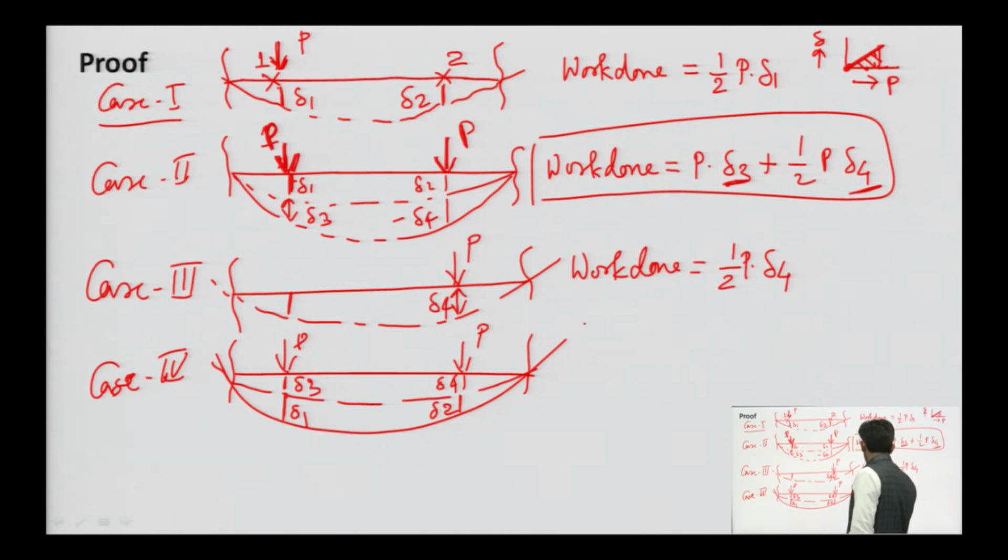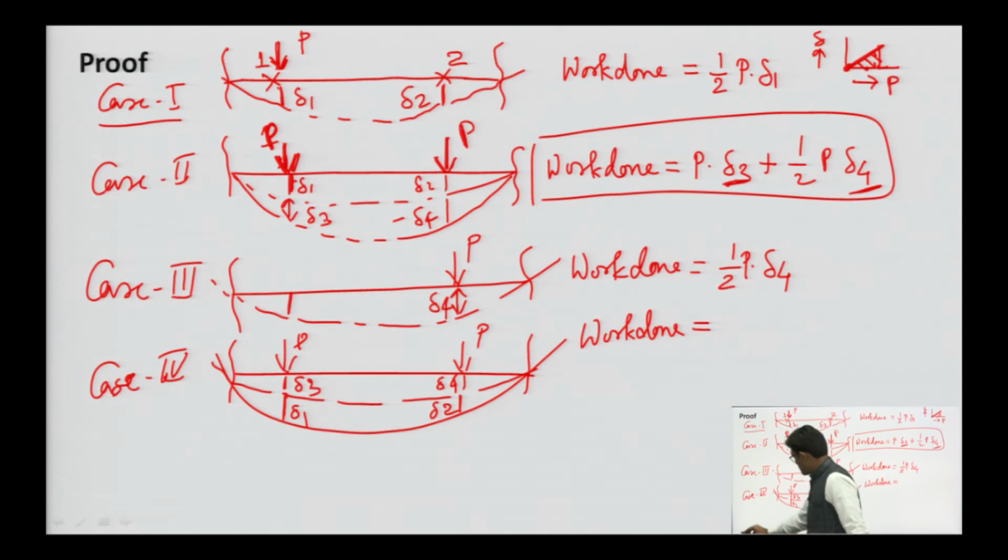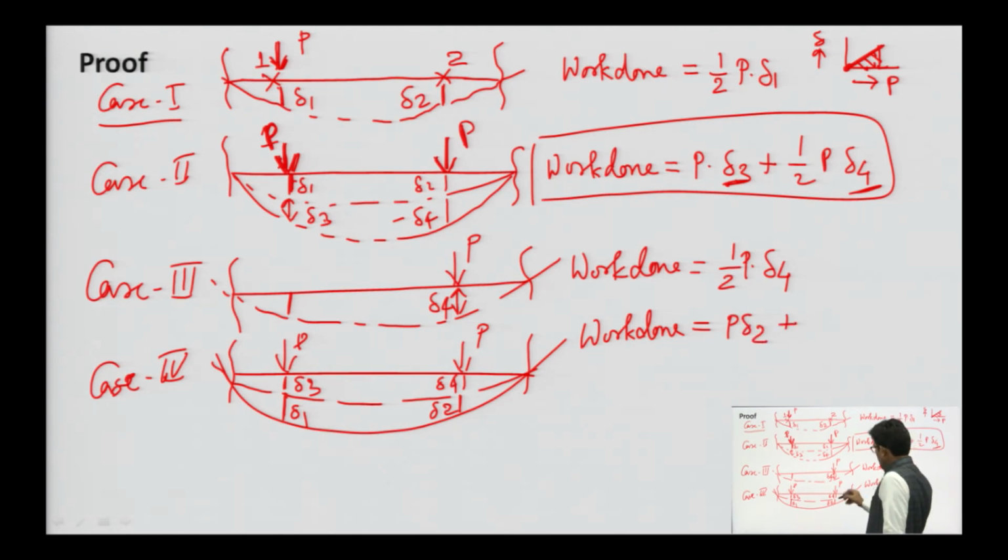What will be the work done in this case? Work done in this case will be, first of all, P into del 2, plus half of P into del 1.